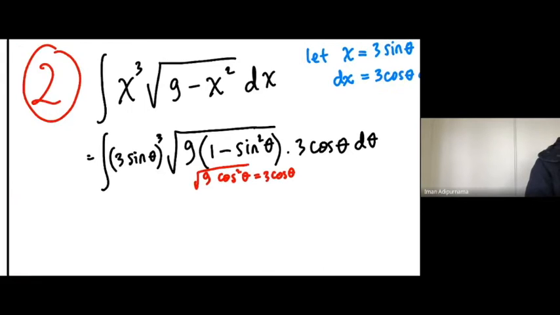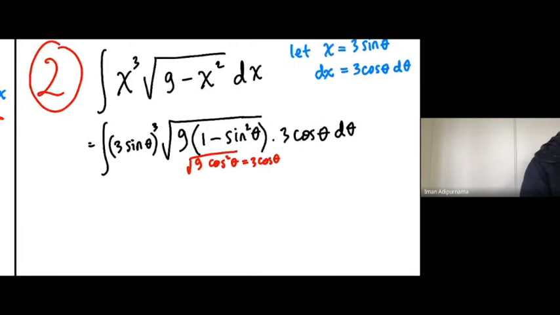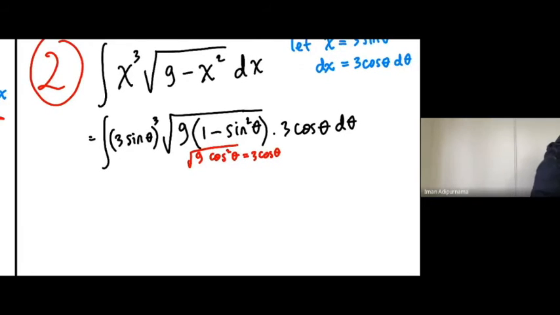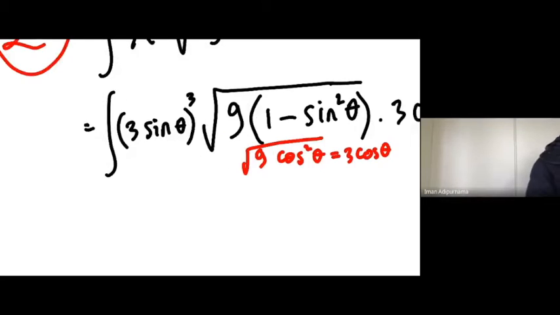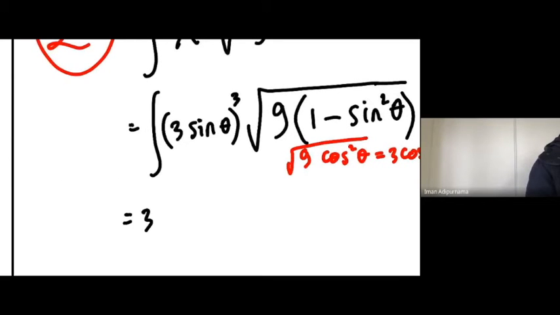So I will group all the constants. We have 3, 3, and then 3 to the power of 3. So it becomes 3 to the 5. So I will group that and remove it from the integration. So I will put it here.